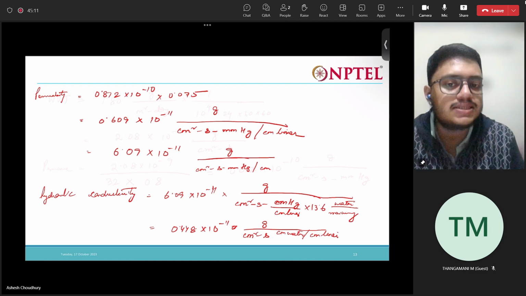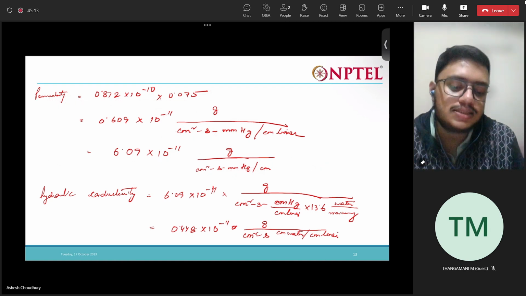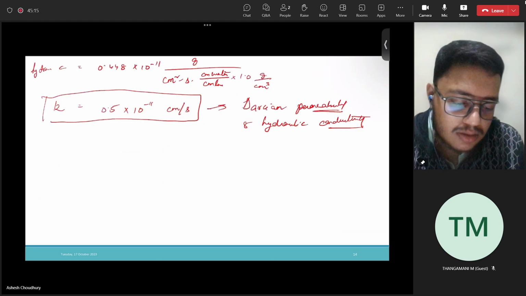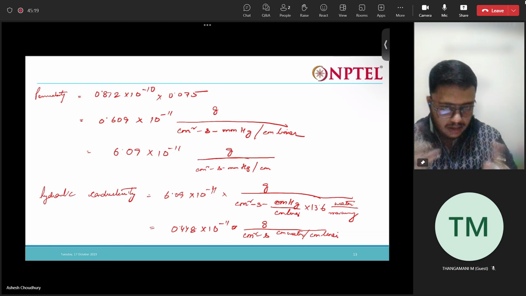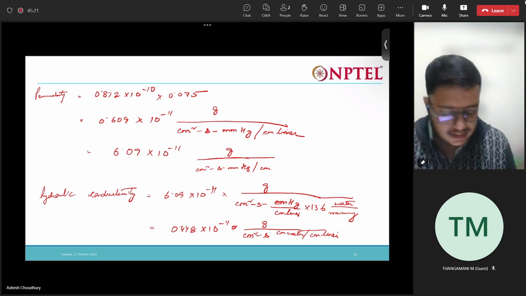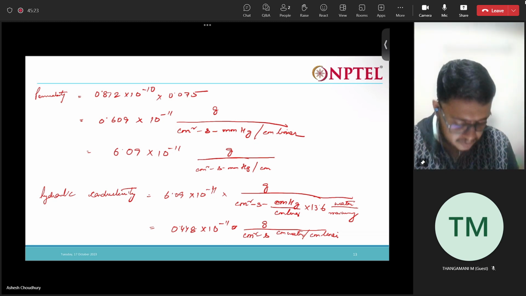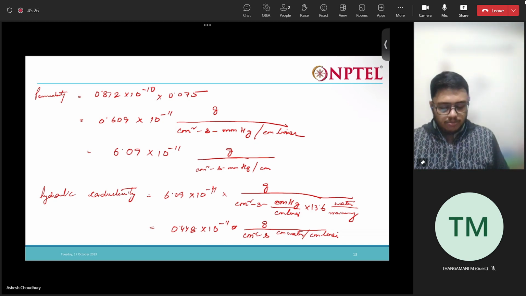Then this mmHg is converted to cmHg, and this cmHg is then converted into water pressure. You know the conversion between mercury and water is 13.6. So finally we multiply by the density of water at the denominator, and we get this Darcian permeability or hydraulic conductivity.